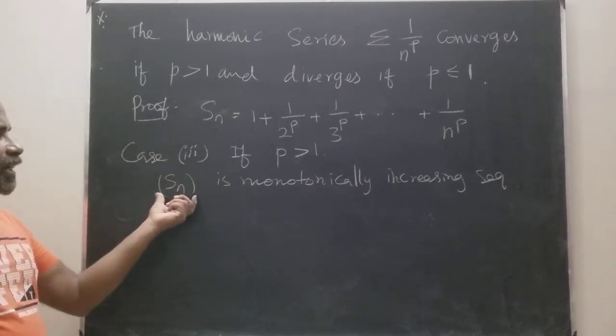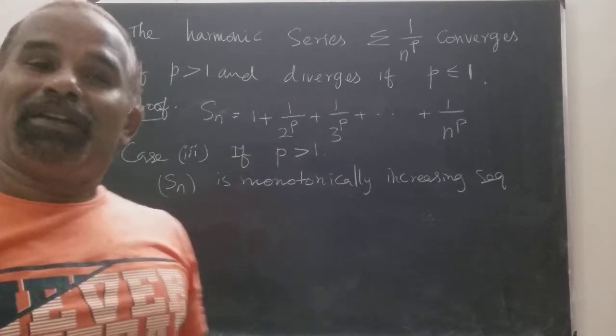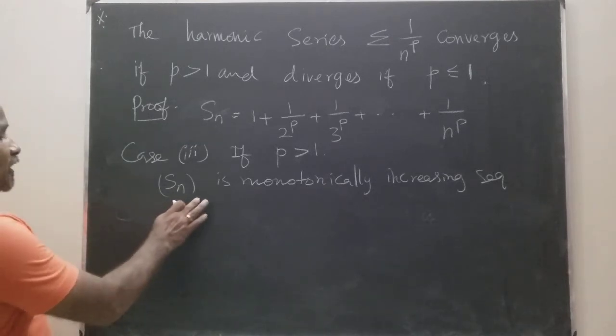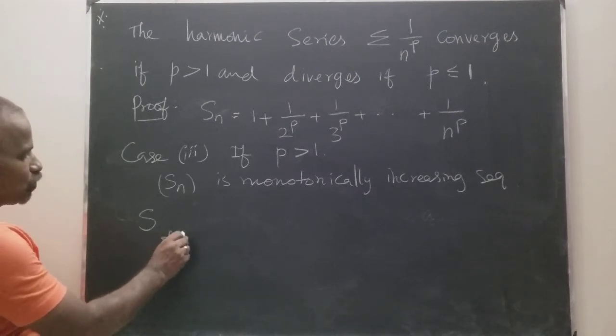What I am going to say is that Sn is bounded above. My aim is to show that Sn is bounded above. Instead of showing that directly, I am going to take S of 2 power n plus 1 minus 1.